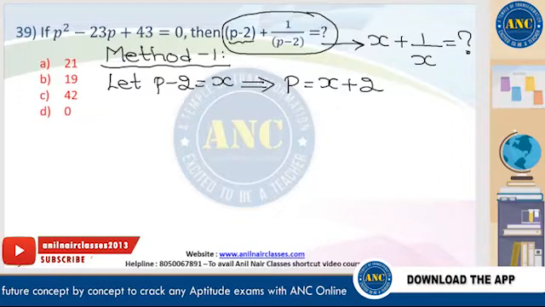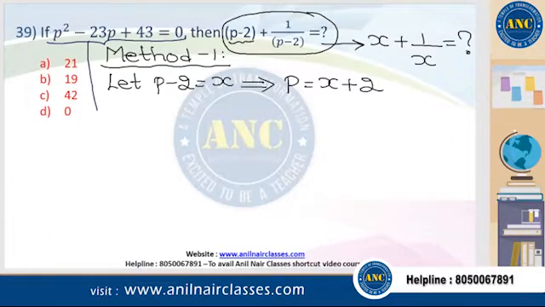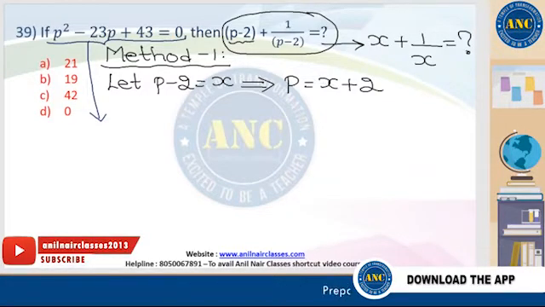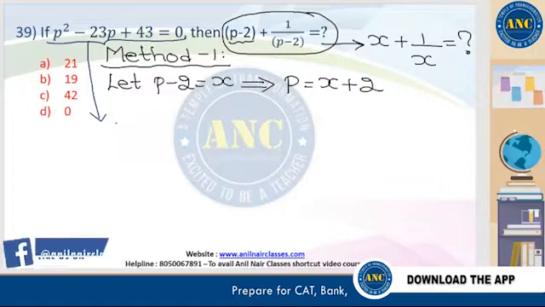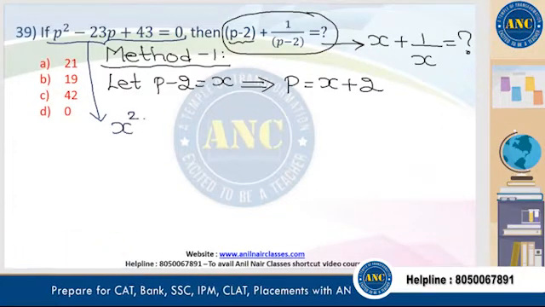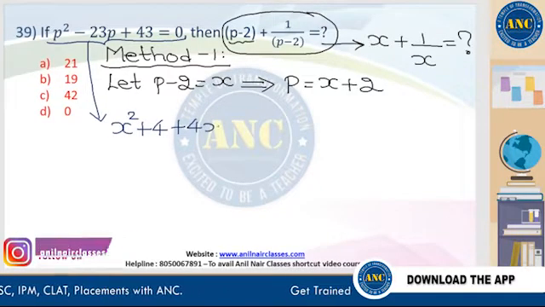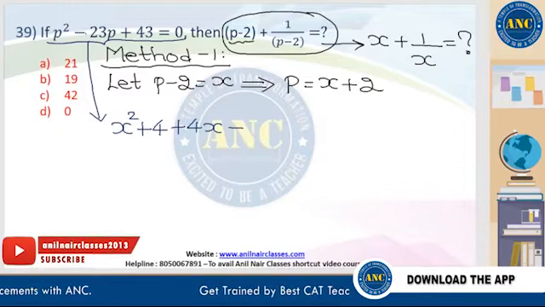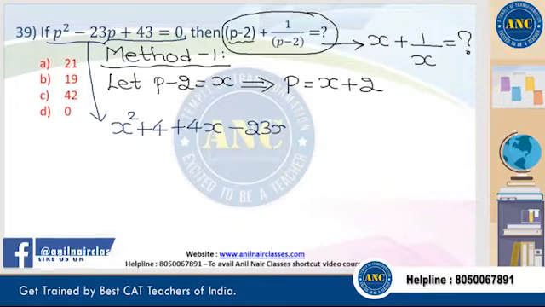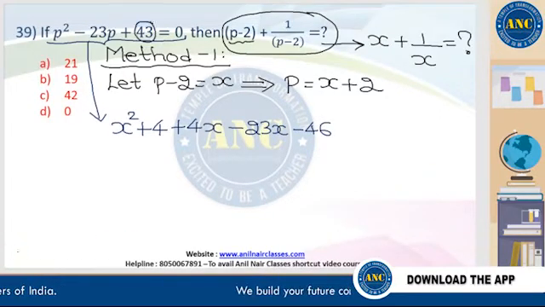Now if I further simplify this quadratic equation, the p value is x plus 2, and p square is x plus 2 whole square. I will just expand it as it is. X plus 2 whole square is x square plus 4 plus 4x, plus 4x, minus 23 into x plus 2, that means minus 23x minus 46, plus 43 equal to 0.